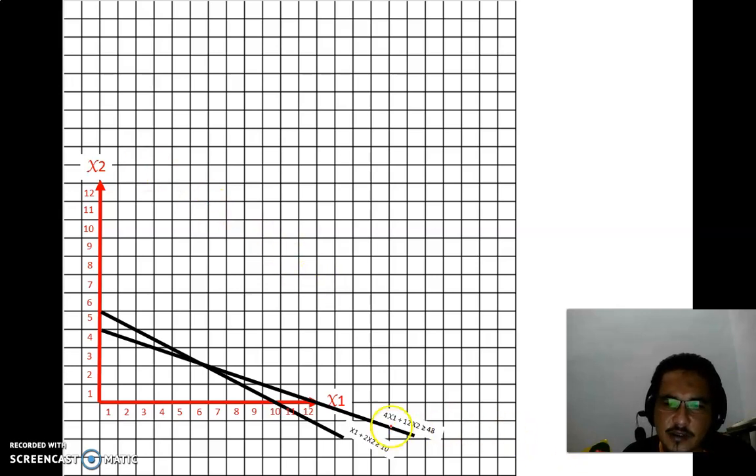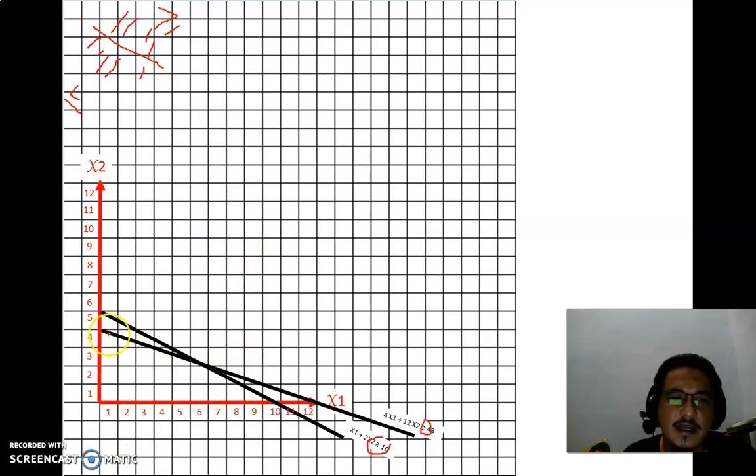Alright, so this situation is actually more than, not less than. If we draw the line and it were less than, the shaded area would be here. Since this problem is more than, where is the shaded area?